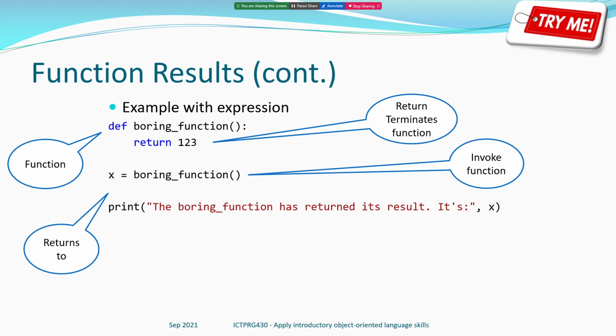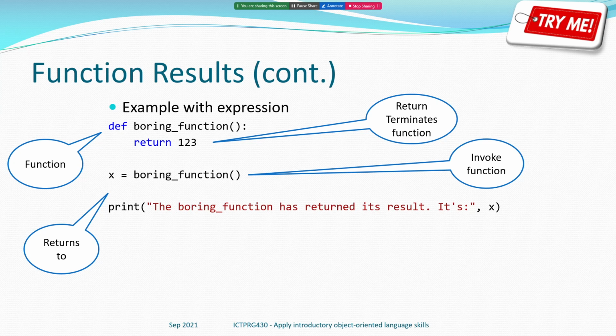So here we're going to be very boring. Get it? Definition boring function. So we're just returning a value of 1, 2, 3. X equals the function. So when we print X, we're just returning the value.